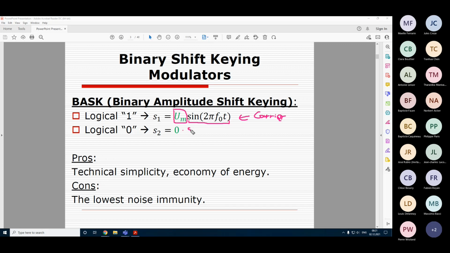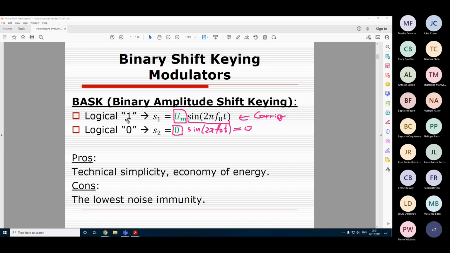So here we can actually also write that there is a carrier of the specific carrier frequency, F0, but the amplitude of this carrier is 0. So basically this equals to 0 in total, yes? So basically amplitude defines what information is being sent.